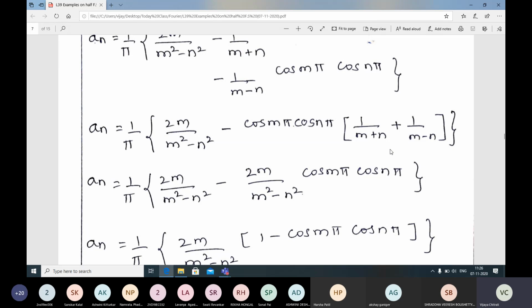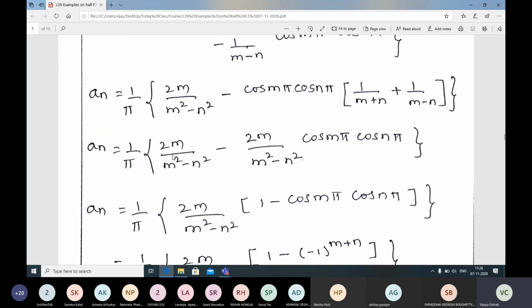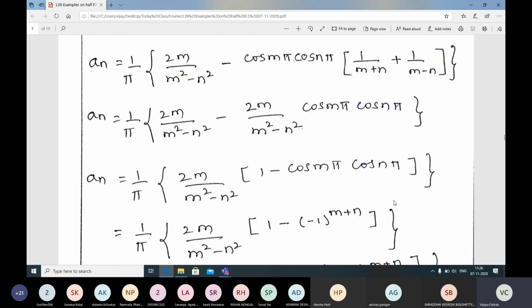So we will get next step a_n is equal to 1 by pi as it is, 2m divided by m square minus n square as it is, and simplify this. You'll get this as 2m divided by m square minus n square, and this cos m pi cos n pi is as it is. Now take 2m divided by m square minus n square common. Inside will be 1 minus cos m pi cos n pi, right?